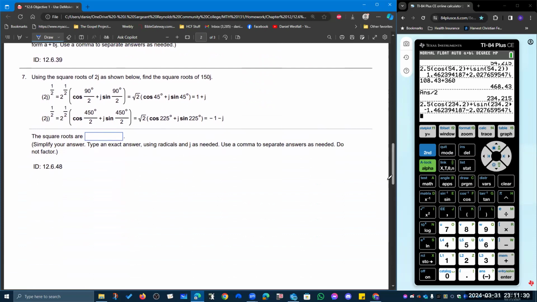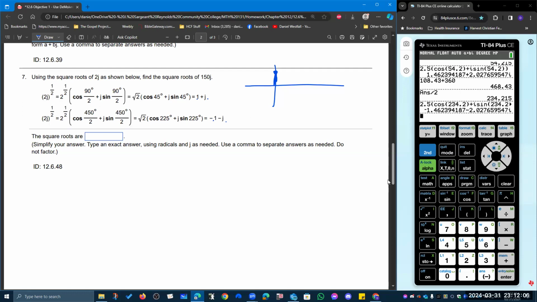Now let's see this pattern that 2j is going to lie on the y-axis here. And when I take square roots of it, I kind of deduce a pattern that they're going to have the same numbers but the opposite signs, because it's going to be related to the fact that we get things based off of 45 degrees, and they are root 2 over 2, root 2 over 2, and negative root 2 over 2, negative root 2 over 2.